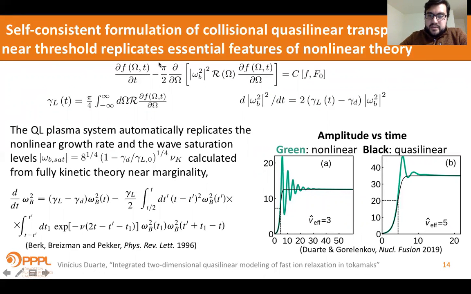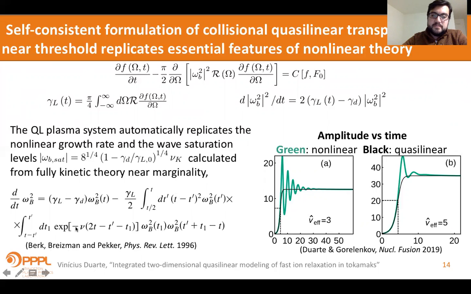Again, here I repeat the set of quasilinear equations: the diffusion equation for the distribution, the growth rate expression proportional to the gradient of the distribution, and the equation that steps the mode amplitude. And what I show in those two plots is a fully nonlinear simulation using this cubic equation derived by Berk, Breizman, and Pekker in '96.